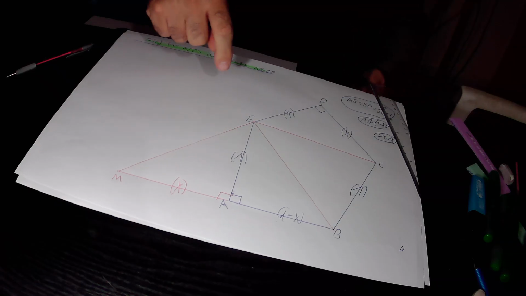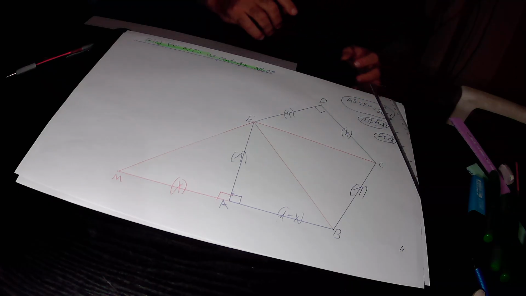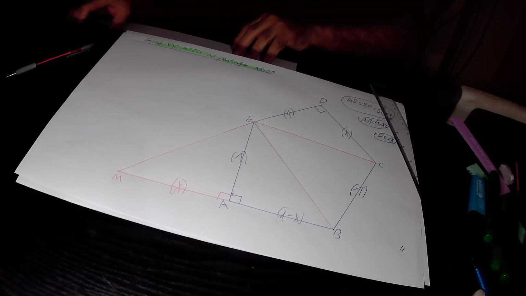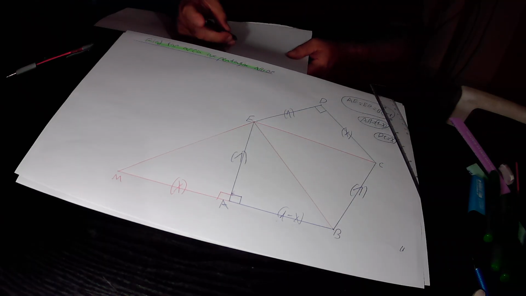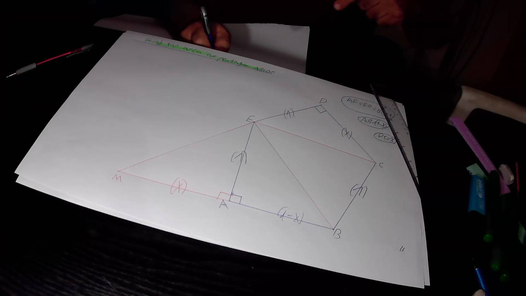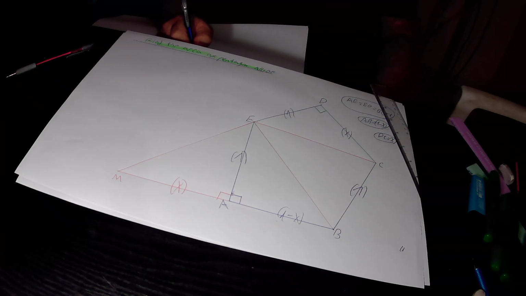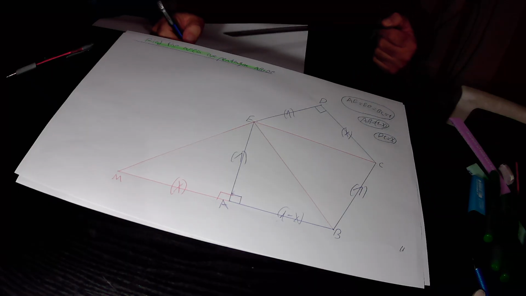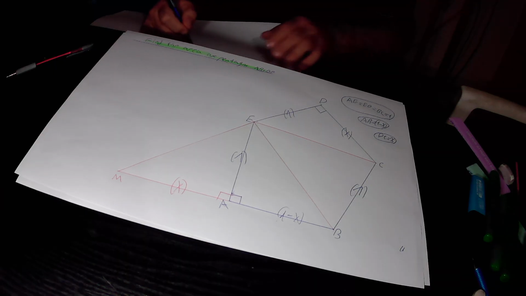So again, we prove that this right triangle EAM is congruent to this right triangle EDC according to the side angle side rule.